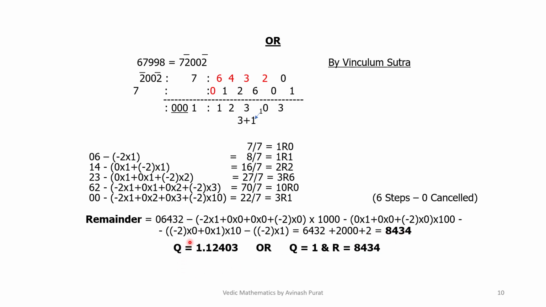Now quotient is 1.1234, or Q equal to 1 and remainder is 8434.